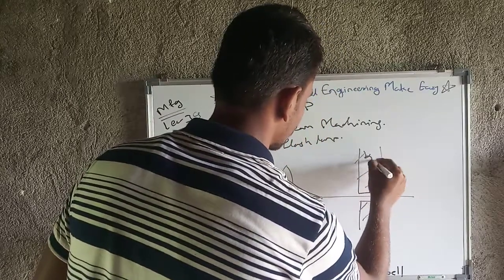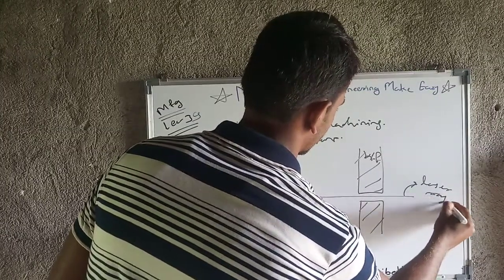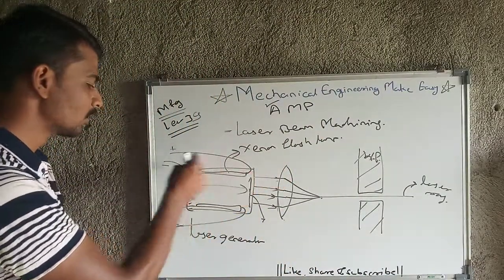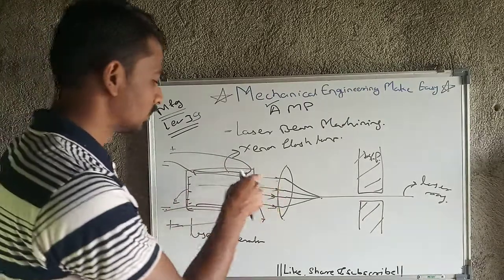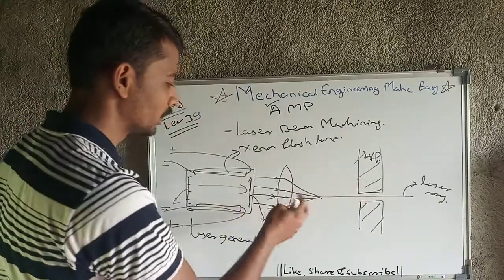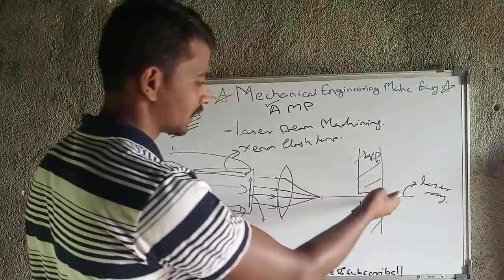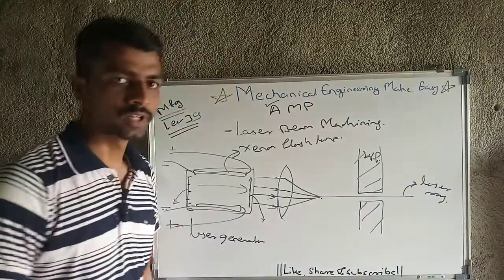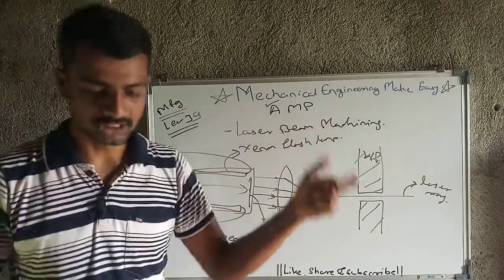This is the workpiece, this is the laser ray, and that laser ray is generated with the help of the xenon flash lamp, partially reflecting mirror, fully reflecting mirror, and the supply given to the xenon flash lamp. That generated laser will be concentrated at one point only with the help of this lens, and that intense ray will be passed onto the workpiece, and ultimately we are going to generate a hole, or we are going to cut the workpiece. This is nothing but the basic principle of laser beam machining.